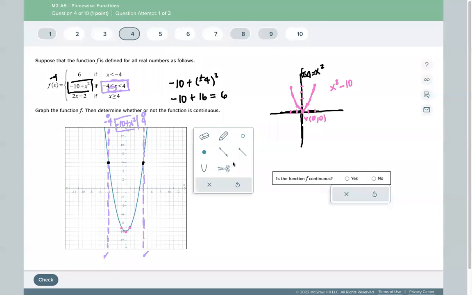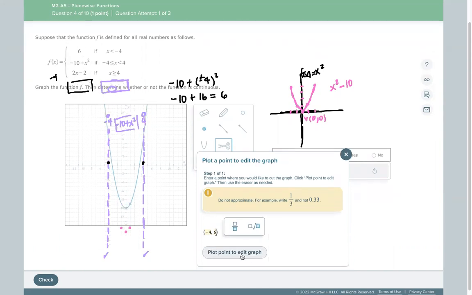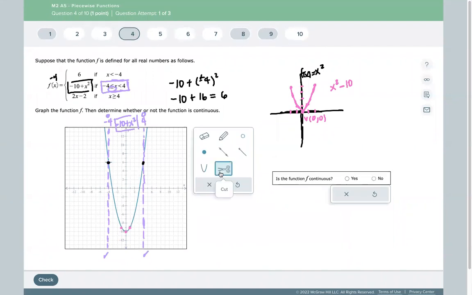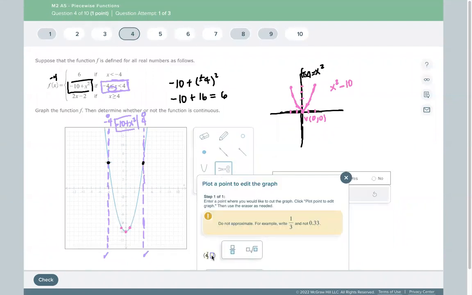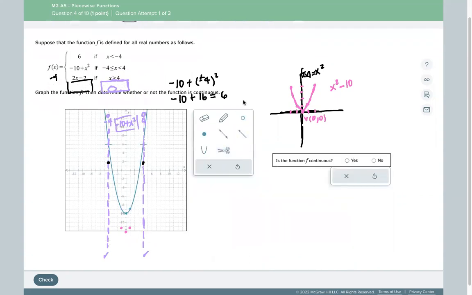So I'm going to select the scissors to cut and write down those coordinates. The first one was -4, 6, and I'm going to plot this point. And then once again, I'm going to write 4, 6 to plot the other point.